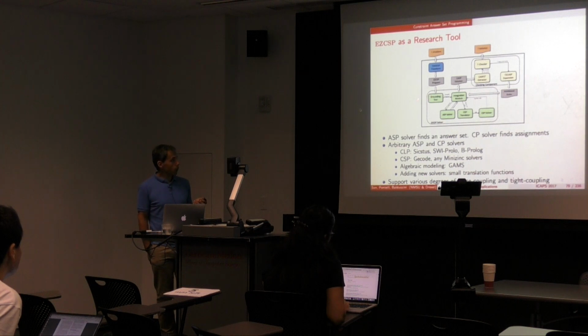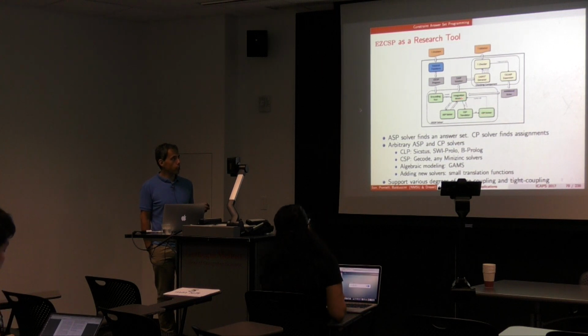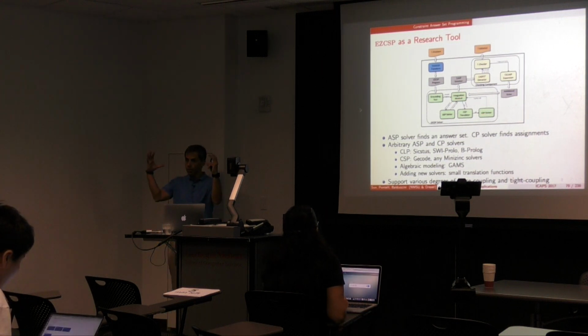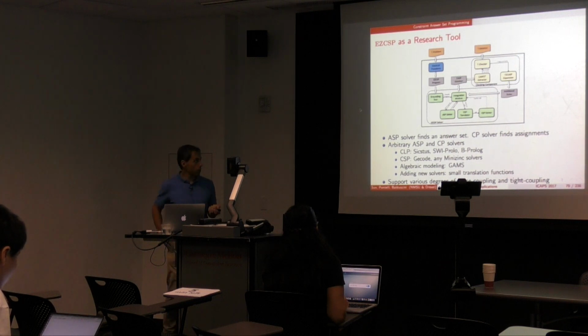From the EZCSP program, you apply the core solver here, which finds an answer set of the EZCSP program under the ASP semantics, then translates it into a CSP and finds a solution to that CSP, and feeds the result back here. Now a whole EZCSP solution has been found.